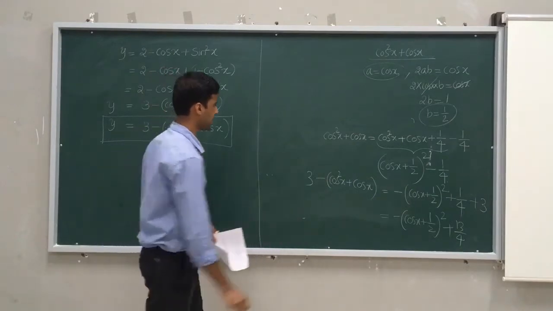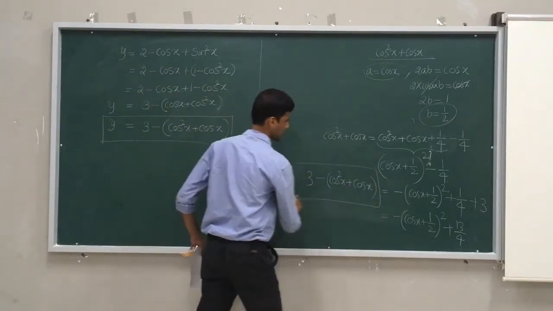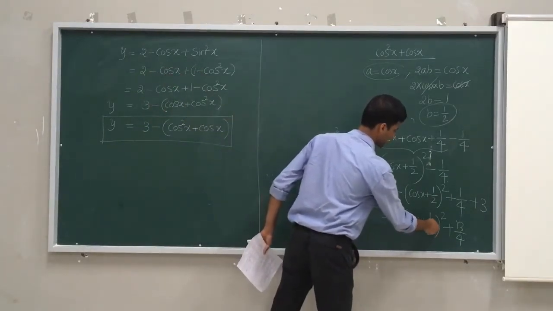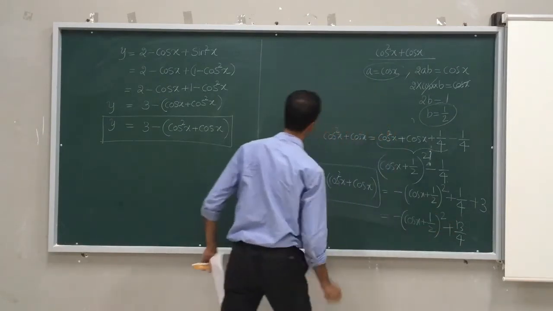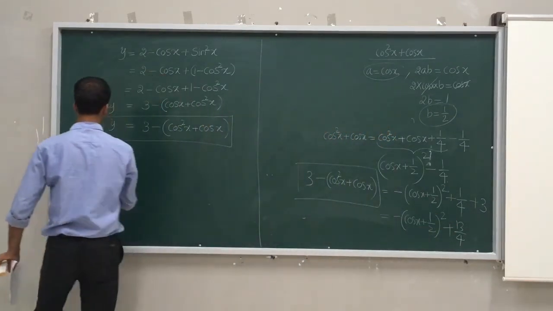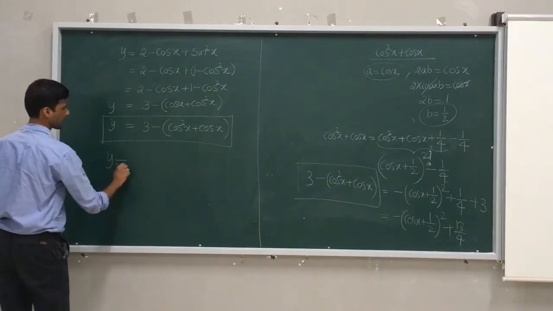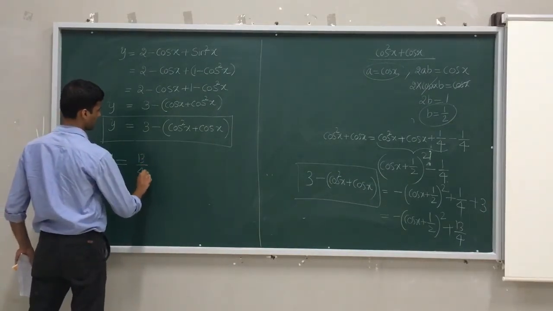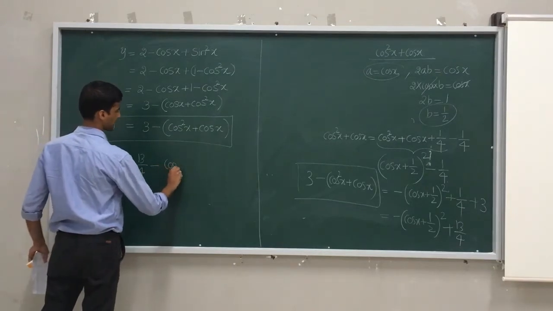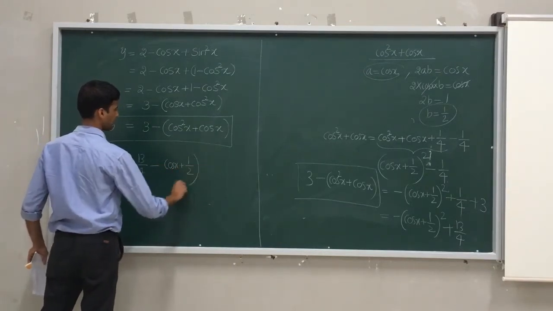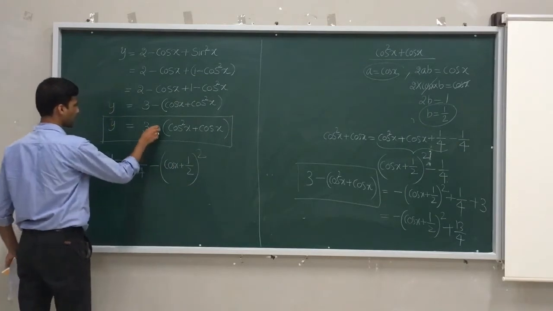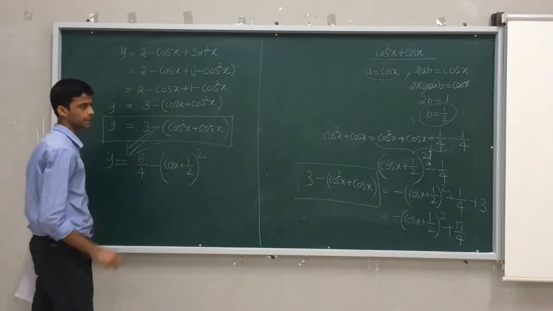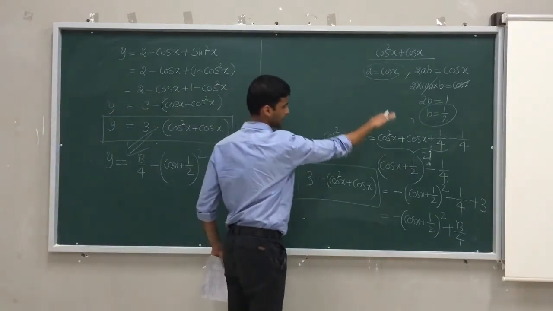Understood? I got to know that 3 minus cos square x plus cos x can be written as 13 by 4 minus cos x plus 1 by 2 the whole square. Therefore, y is equal to 13 by 4 minus cos x plus 1 by 2 the whole square. So this is the simplified form of this particular expression, because I wrote it in a systematic way.